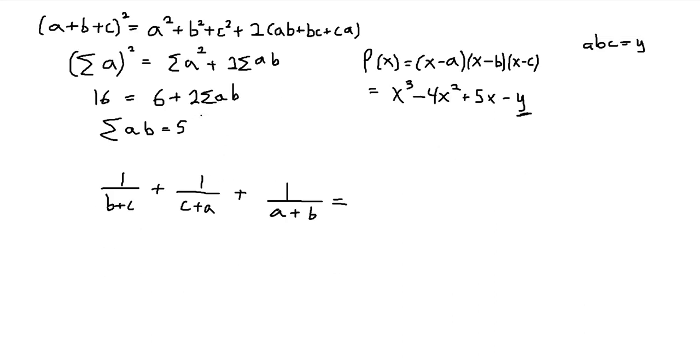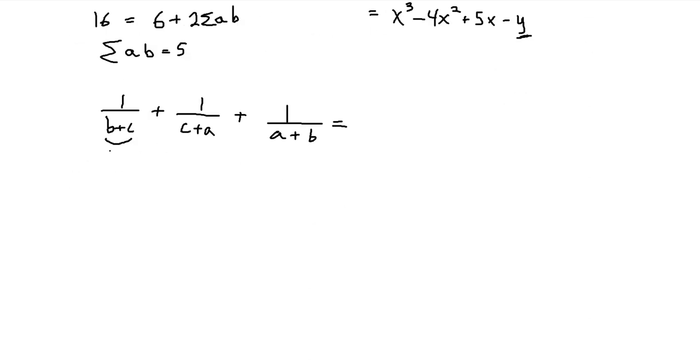Well, we notice that since a plus b plus c is equal to 4, then each of these denominators is just 4 minus a, right? This is 4 minus a, and this is 4 minus b, and this is 4 minus c. And if you watched my video on a certain algebra problem that involved fractions and roots and stuff, you'll recognize this sum and the trick that I'm about to do.